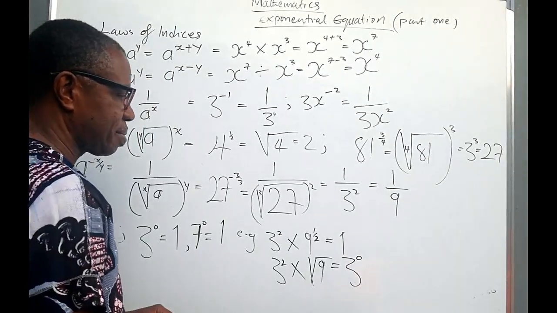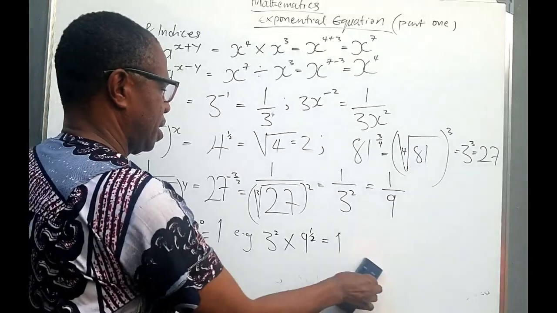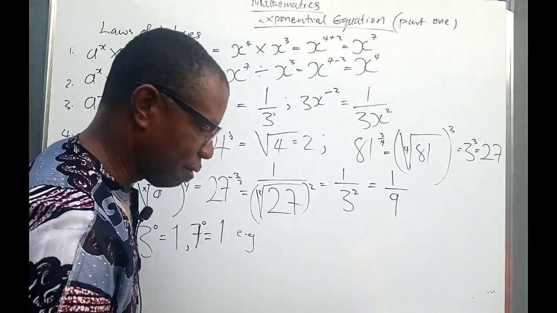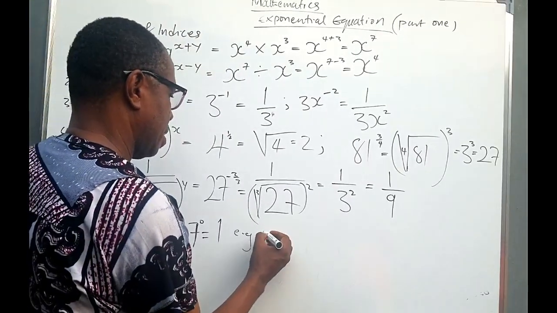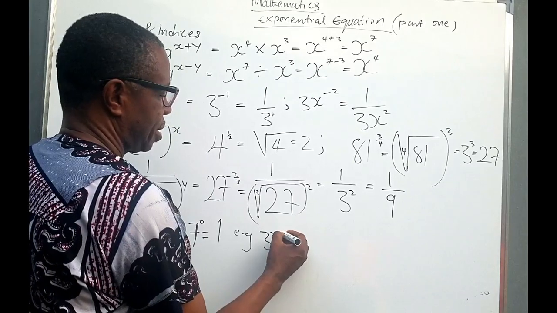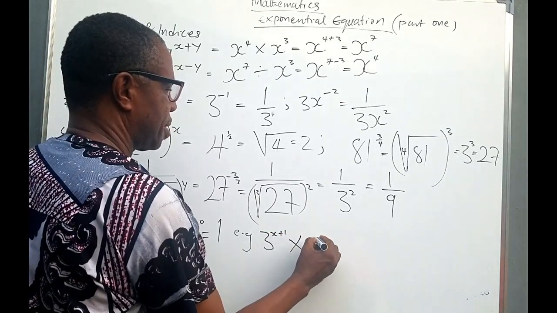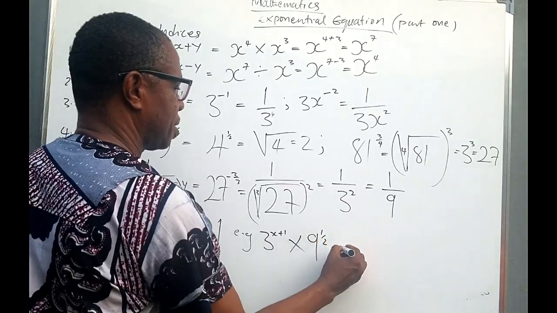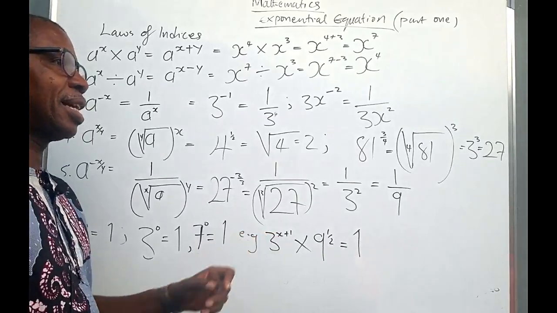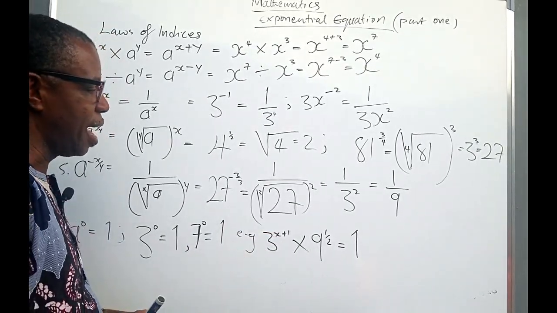Assuming that I change the equation and put a letter like x: 3 to the power x plus 1 times 9 raised to the power 1 over 2 equal to 1. Now observe that because of this x, the examiner will always ask me to find the value of x.